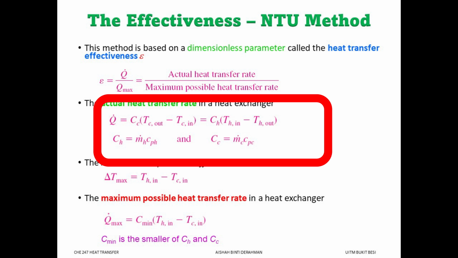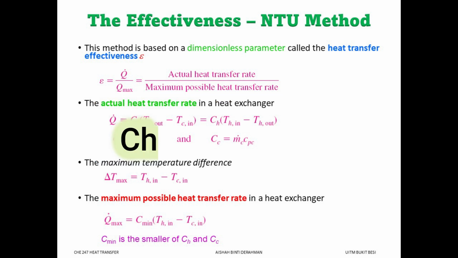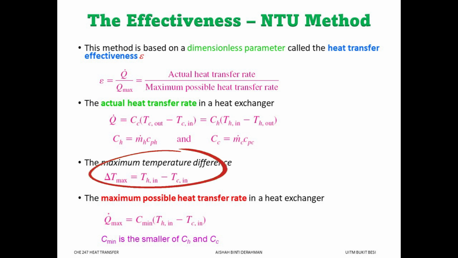Mass flow rate times the specific heat capacity is equal to capital C, denoted by H for the hot fluid and C for the cold fluid respectively. The maximum temperature difference is temperature of the hot inlet minus temperature of the cold inlet.